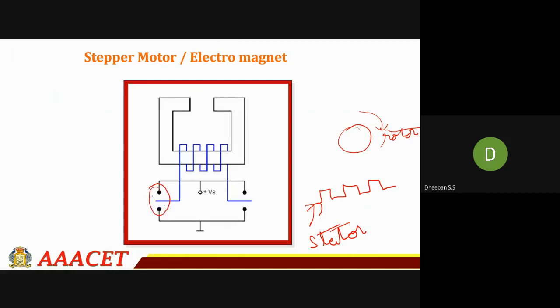Over here it will be positive, and over here it will be negative. At the initial point, one will be at the positive end and another at the negative end. Where there is a positive end, the flow will be from north to south. At the same time, when it becomes north to south, the flow of current will also be reversed.